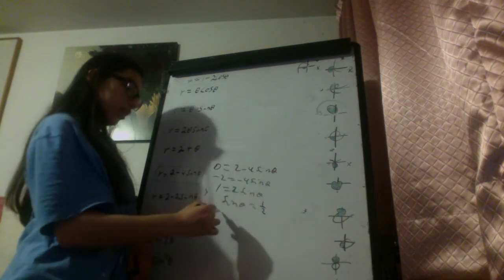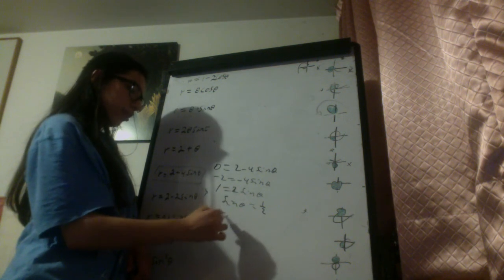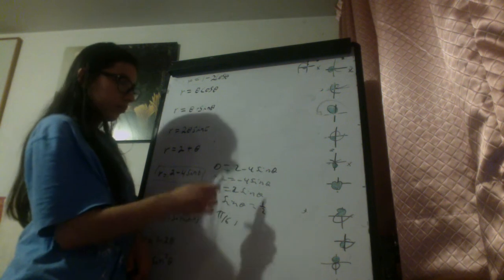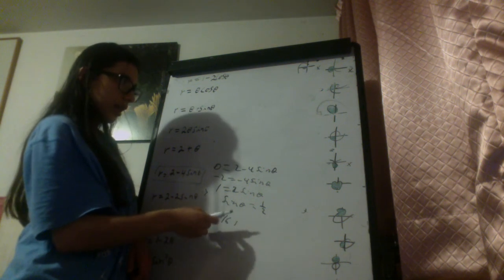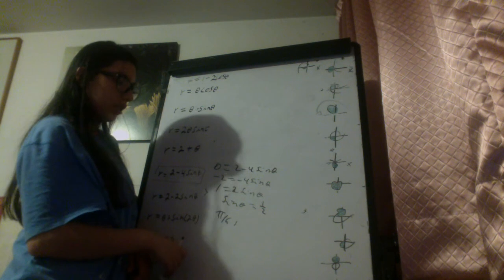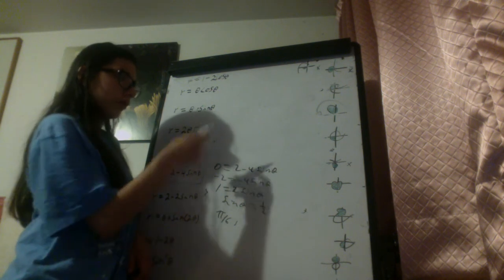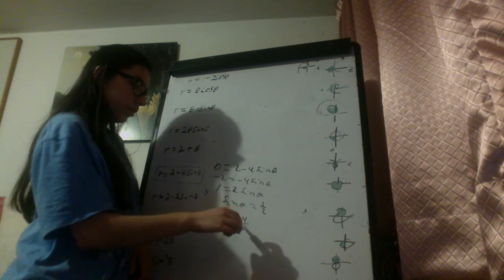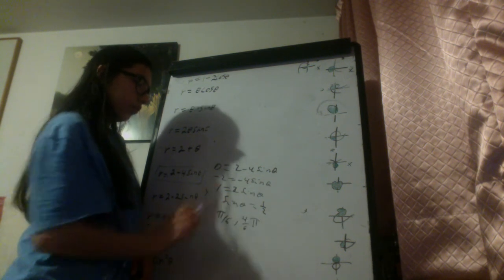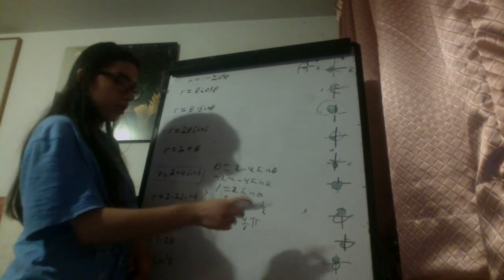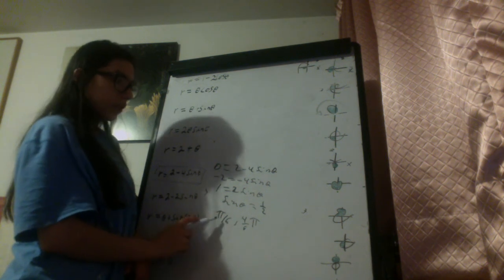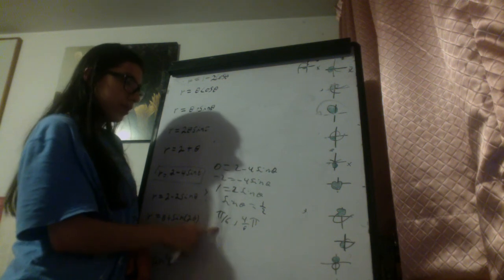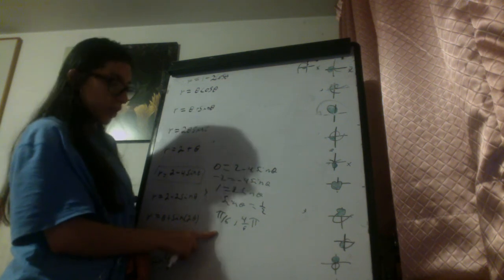This is either at pi over 6, so 30 degrees, but also at 150 degrees, that would be 5 over 6 of pi, and etc. We can continue. But the important issue here is we already found the first two values of theta in which r is equal to 0.